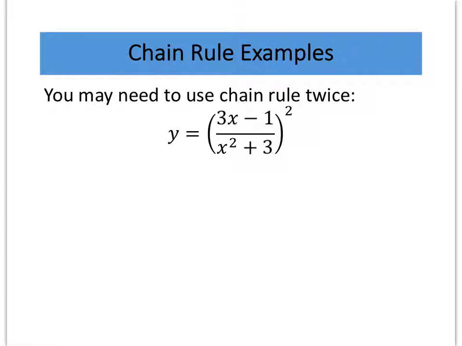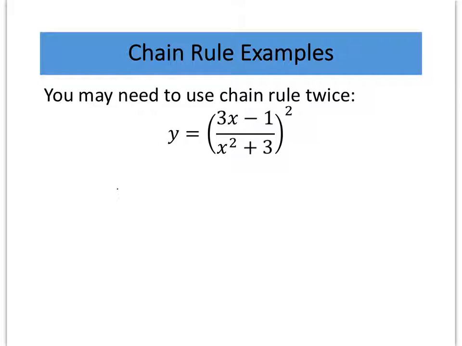All right, and sometimes the chain rule is kind of pesky because you have to use it more than once. You may need to use the chain rule twice or 3 or 4 times, depending on how complicated things are. So I think, hey, I've got stuff squared, so I'm going to use the power rule first, and then multiply by the derivative of the inside. So hopefully this makes sense.